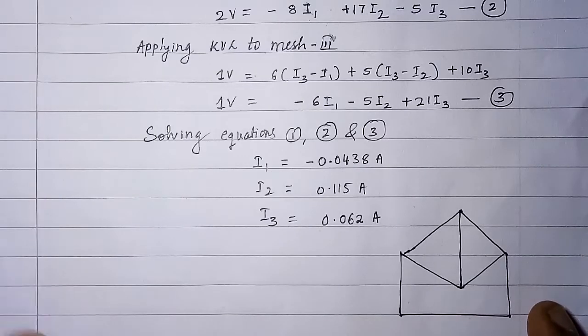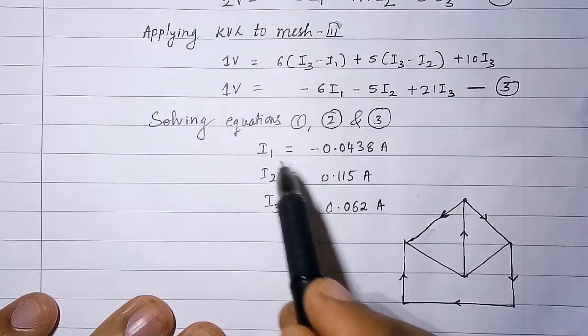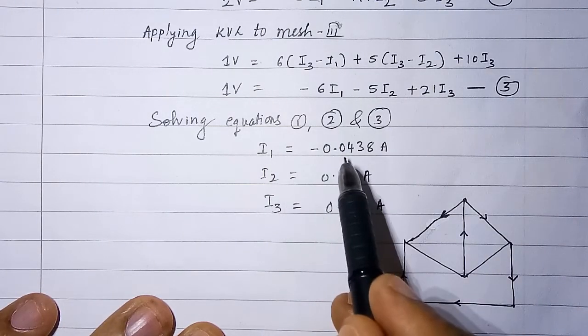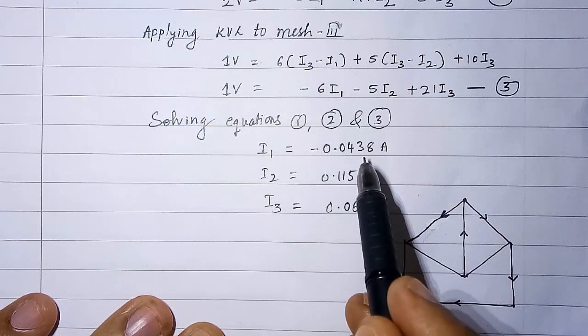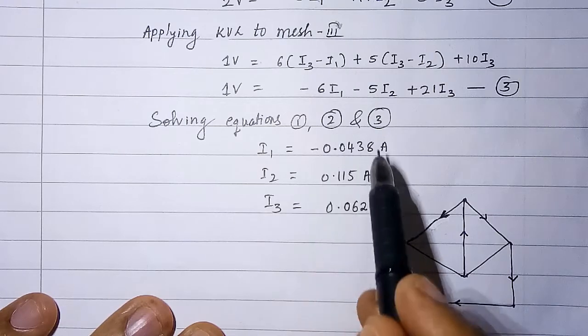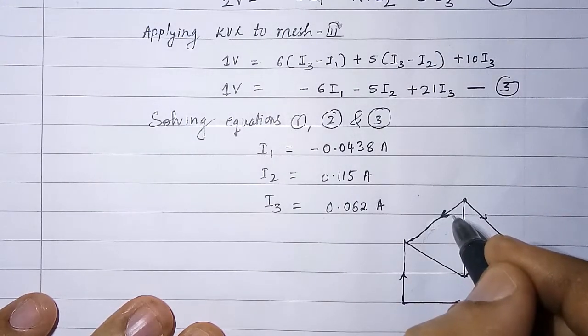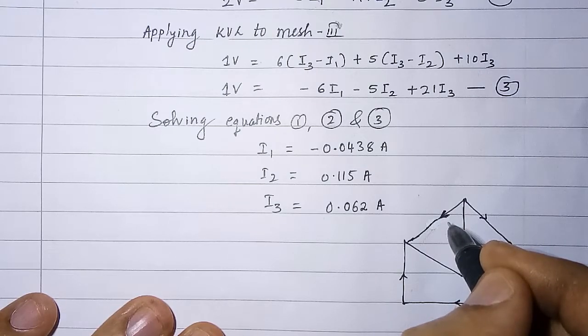Now here is the answer diagram. Current flowing through 2 ohm resistance is I1 and I1 is minus 0.0438. If I reverse the direction of current I1, then I can write it as positive current. So here I have shown reversed direction of current I1.